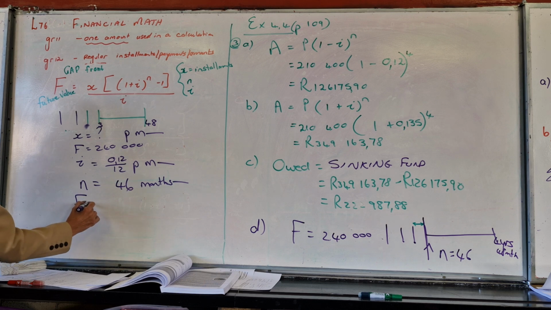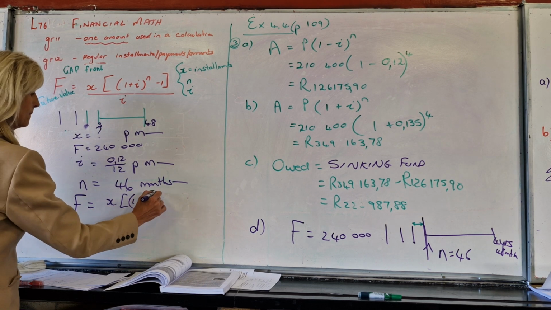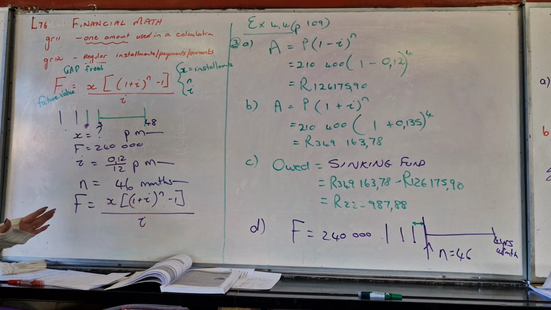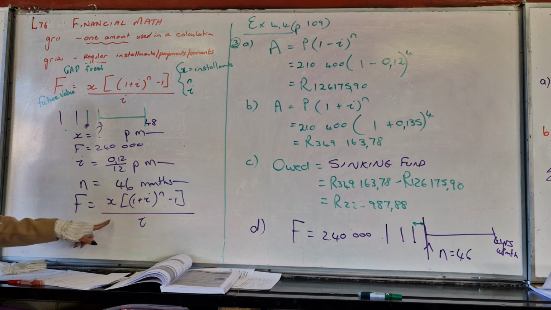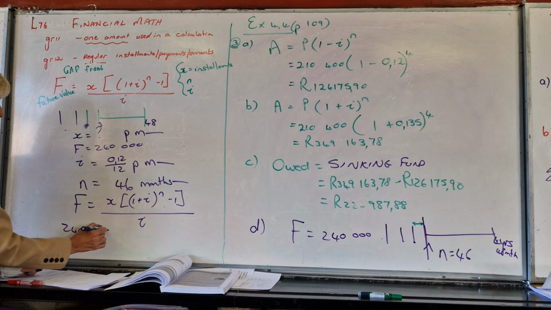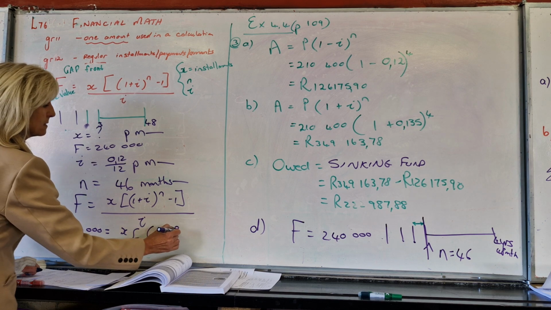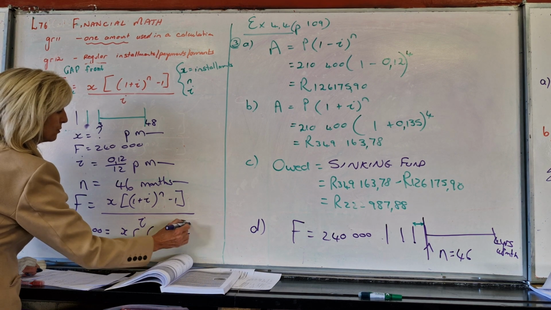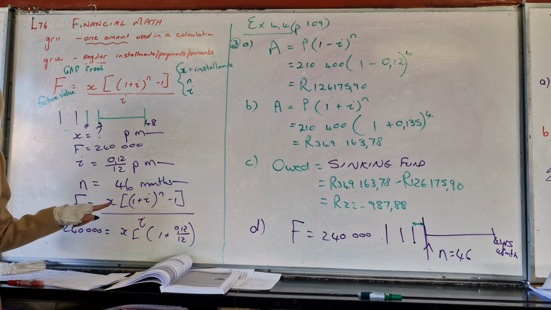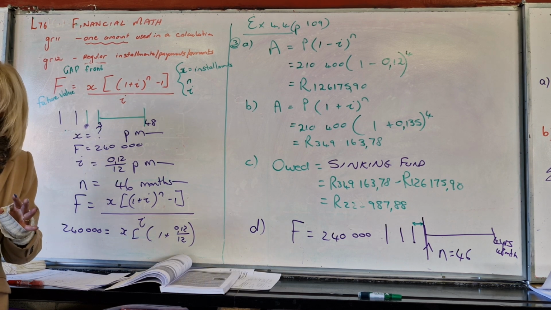So if we have our formula, I like to try and stick to the normal one with a gap there. So my X is the one I'm looking for. My I is, now guys, isn't that 0,1? Yes, but please don't write that. Can I brainwash you all to do the same?